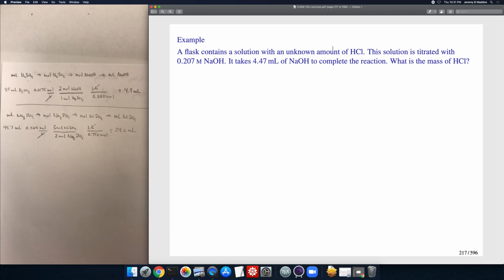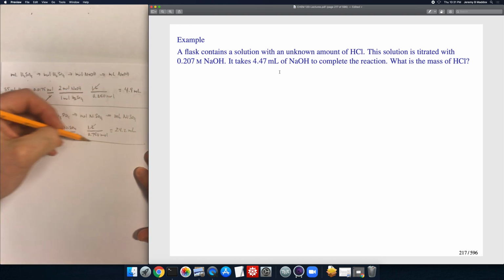Then what we do is we deliver to the HCl solution sodium hydroxide slowly until the end point of the reaction is reached. And we find that it takes 4.47 milliliters of the sodium hydroxide to complete the reaction.